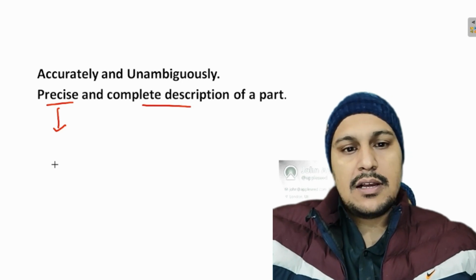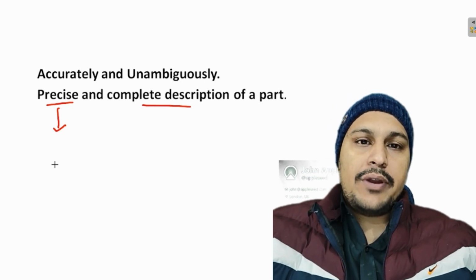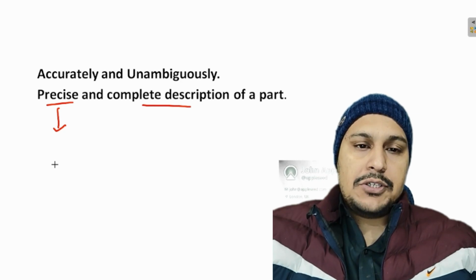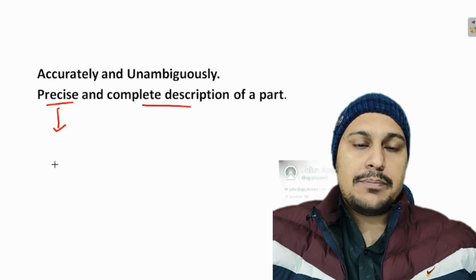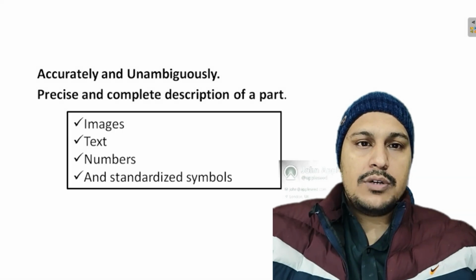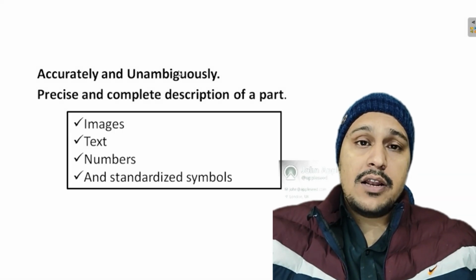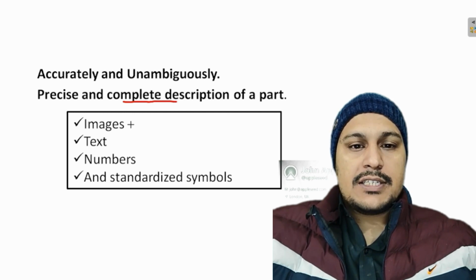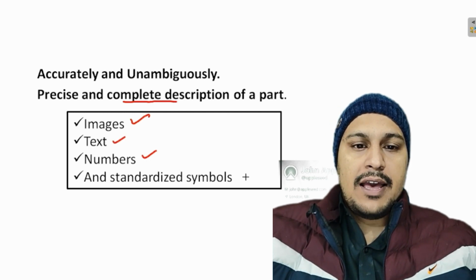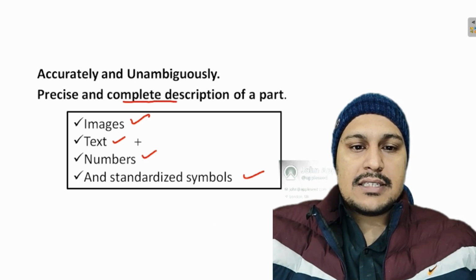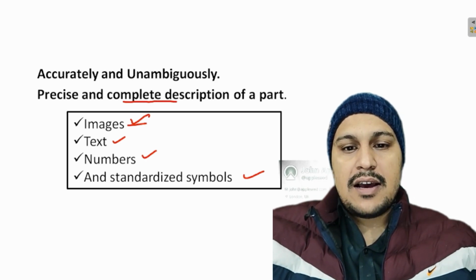Precise means that, after repetitive iterations, the dimensions have been corrected. That means whatever information is placed on the drawing is there after multiple repetitions. The word description tells us a lot. A complete description means the drawing has images, text, numbers and standardized symbols.